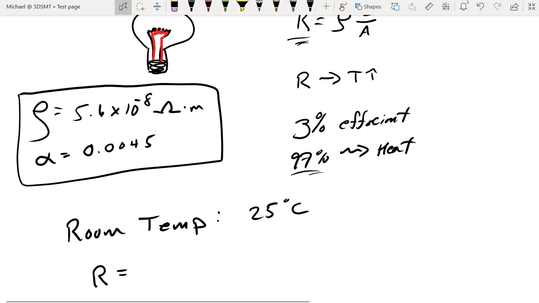And so what I'm also going to do is ask my phone, what is the typical operating temperature of a light bulb? And I am getting, let's see here, 4,600 degrees Fahrenheit. Now obviously we're going to have to convert that back to Celsius.